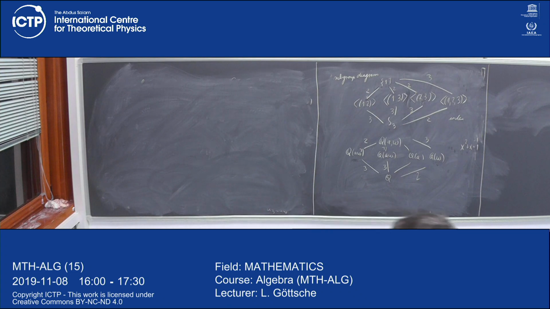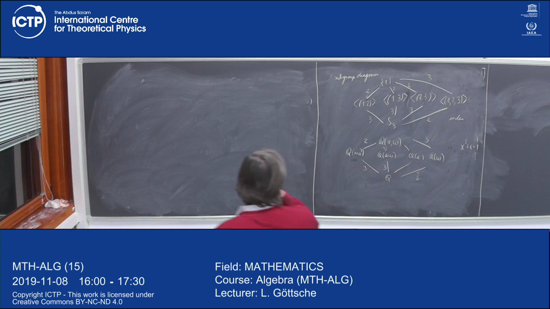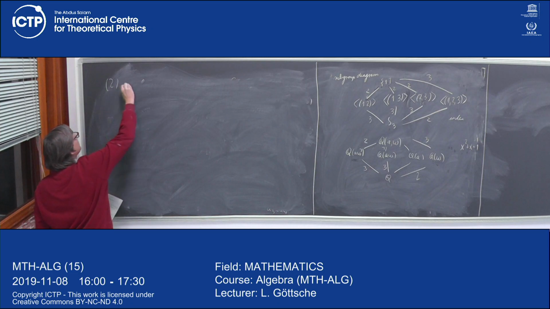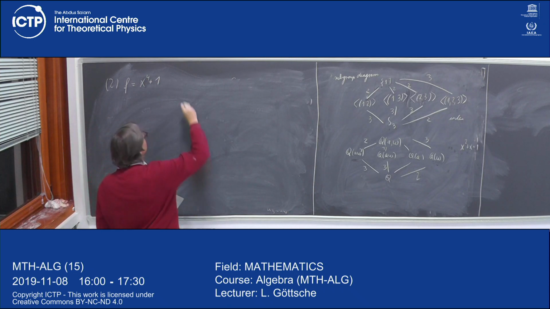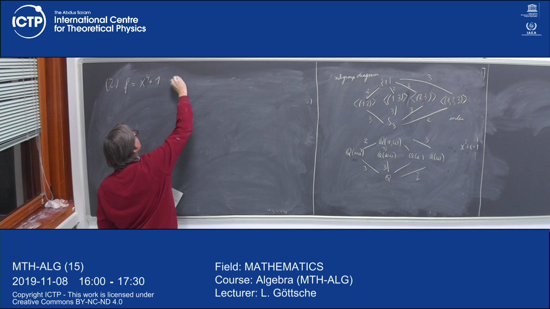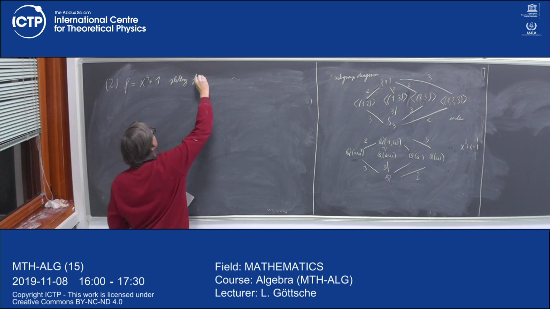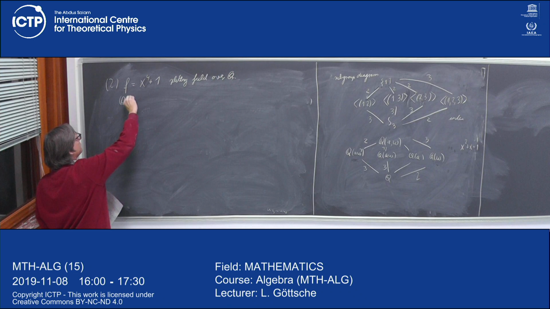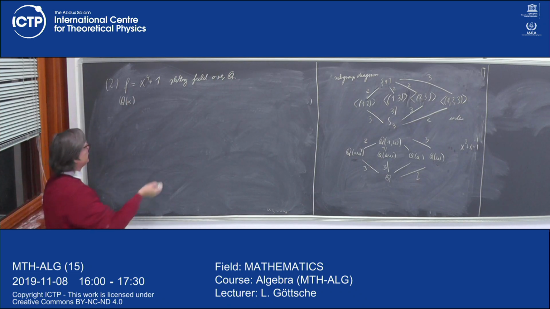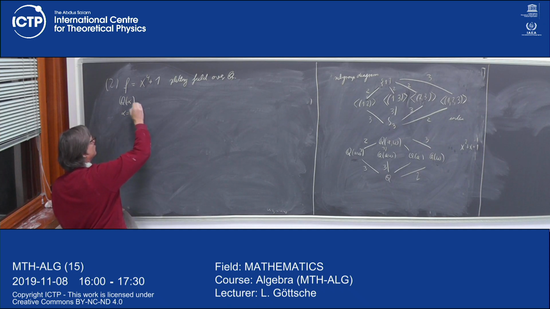The other example is this: in this case, we had f equal to x to the 4 plus 1, and we take the splitting field of this over Q, which we write as Q(alpha), where we can take alpha equal to e to the 2 pi i over 8, or pi i divided by 4, or if you want, square root of i.